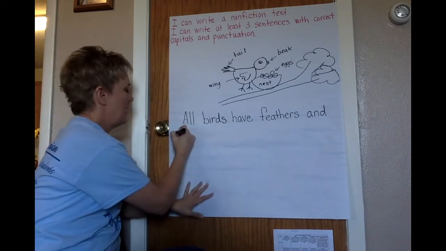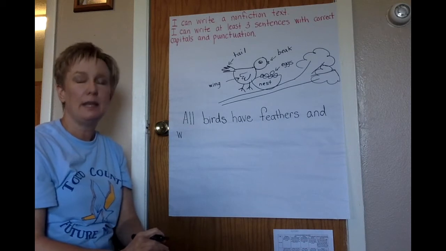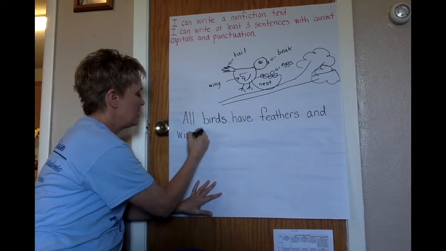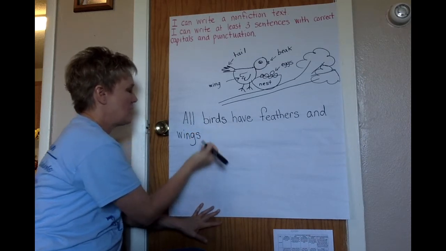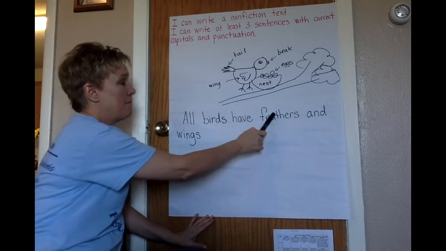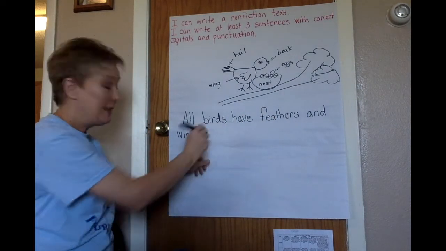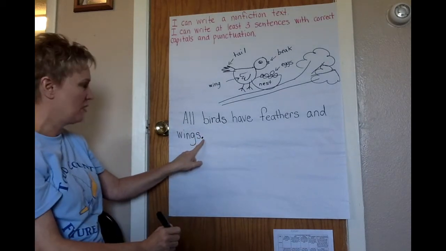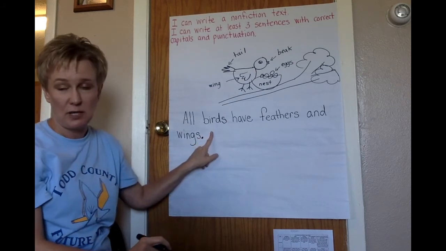W. Right, a W. And then think of wings. Ing. That's our chunk. We know that ing says ing. And then we're going to put an S for wings. All birds have feathers and wings. Yeah, I need to put a period to end our sentence. That's important to remember. Now, since this is a period, our next sentence will have to start with a capital.